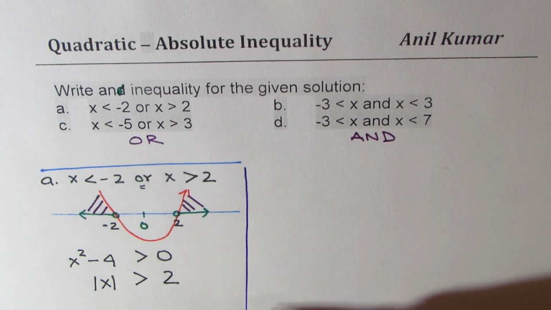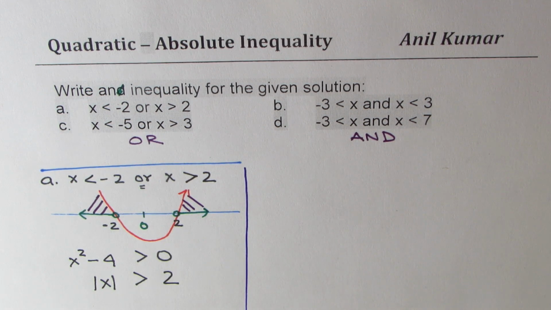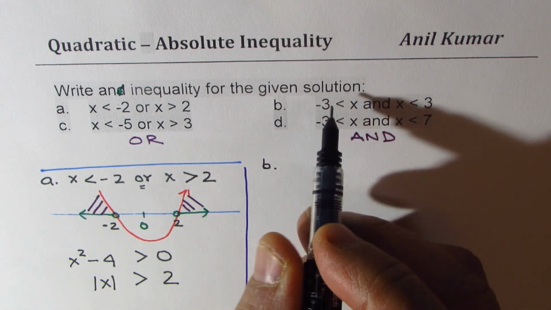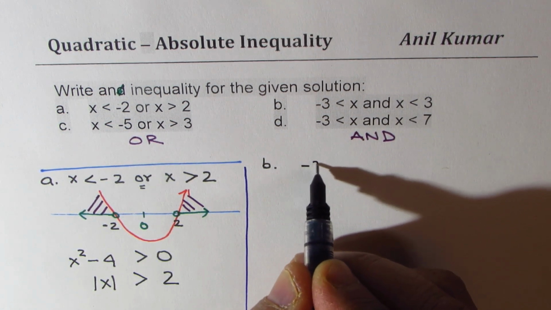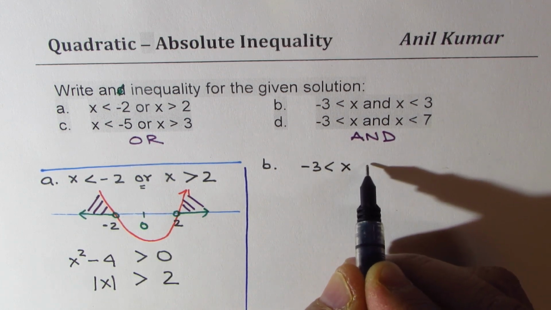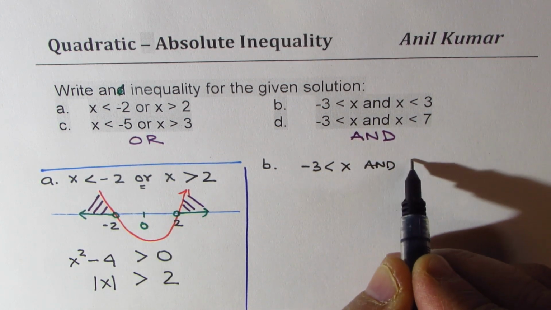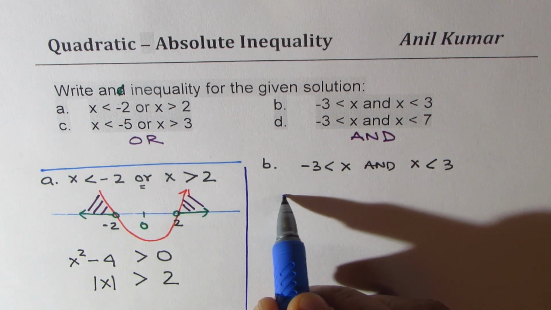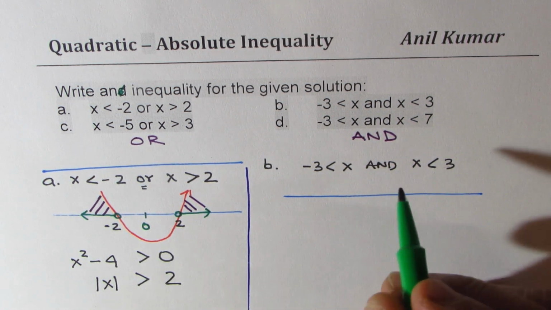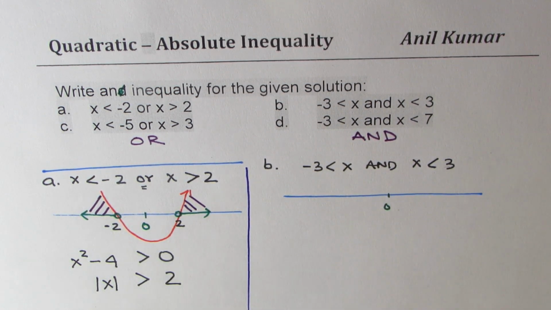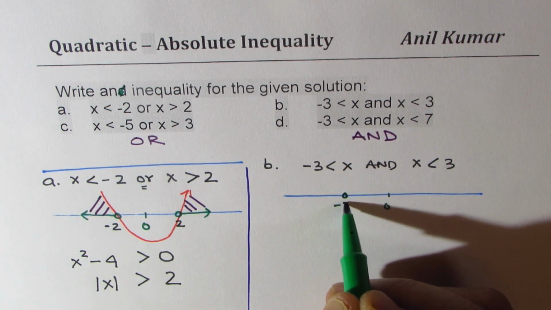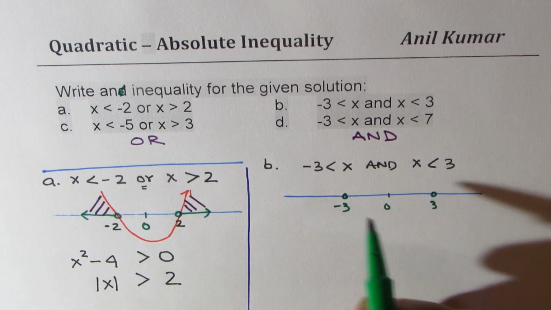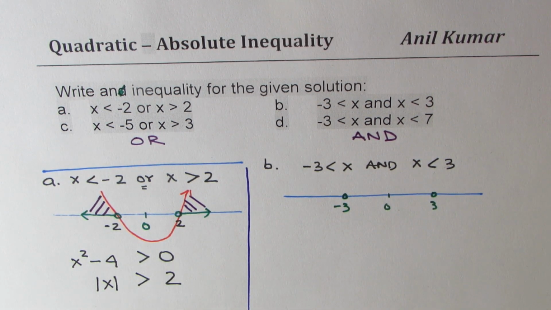Let's take part B now and see how to do when we are considering AND. So in B, what we have is that x is greater than minus 3 and, let me write in capitals, x is less than 3. It means what? It means that if this is minus 3 and this is 3, then we are looking for overlapping.